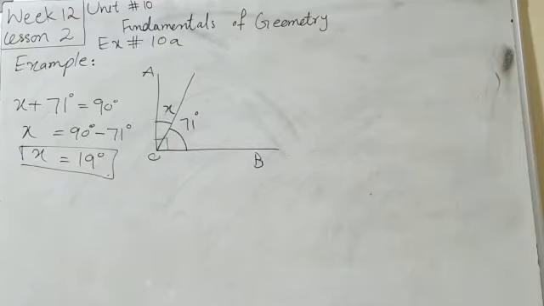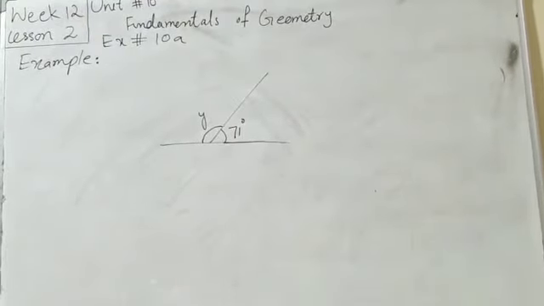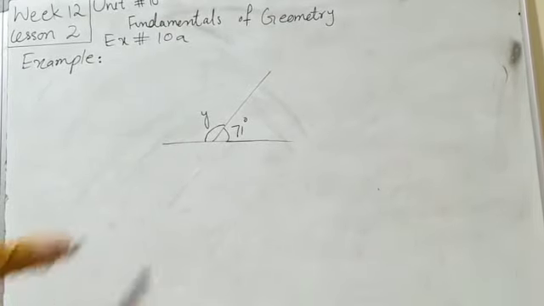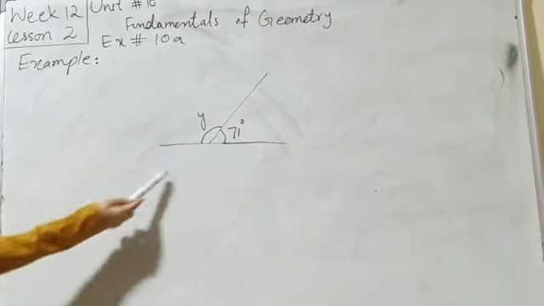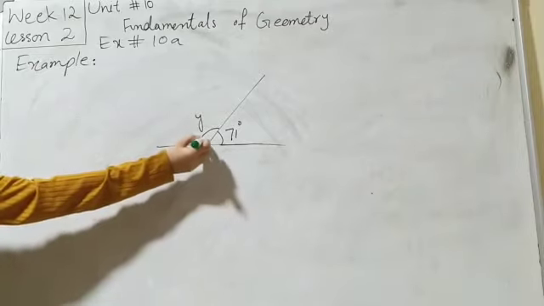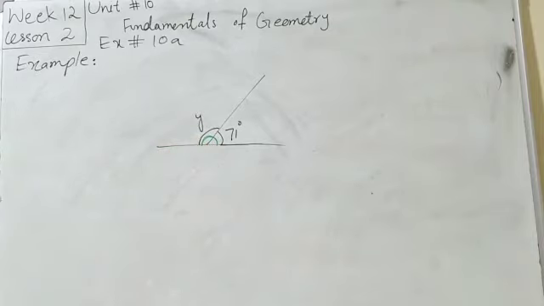Now let's see another example. In this figure we are having an unknown angle, that is y, and another angle is given, 71. Adding the angle y and 71 will give us 180 degree, or in other words, these are supplementary angles because we are having a straight line, right?